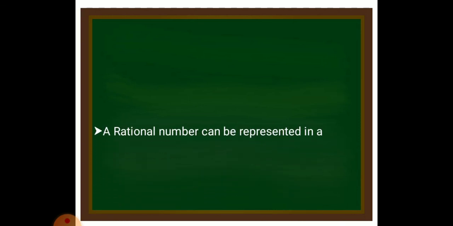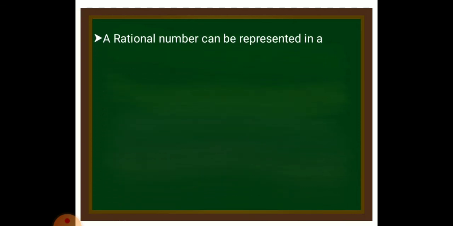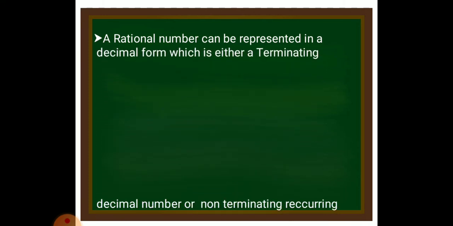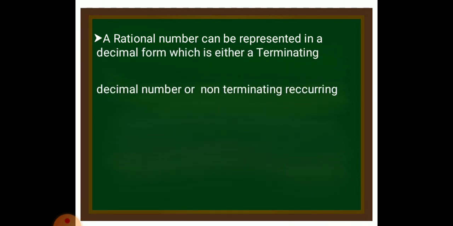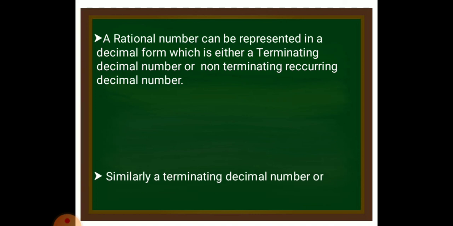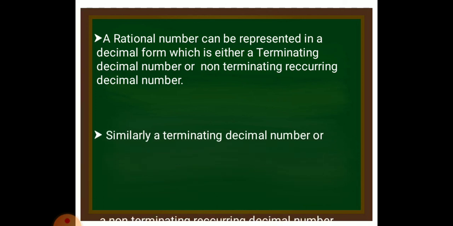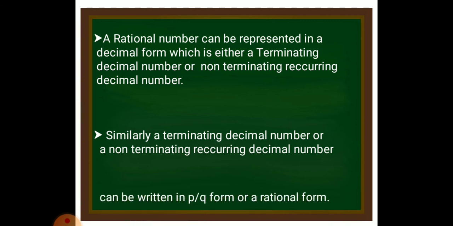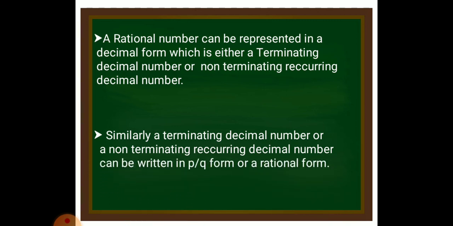And now we have seen that a rational number can be represented in a decimal form, which is either a terminating decimal or a non-terminating recurring decimal number. Similarly, a terminating decimal number or a non-terminating recurring decimal number can be written in p by q form or rational form.